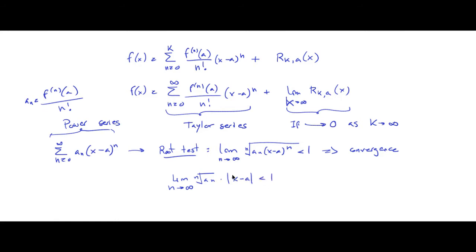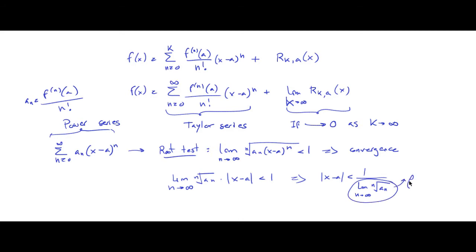Or in other words, you see that this will depend on the distance between our point x and a. The distance between x and the point where I'm approximating the function has to be smaller than 1 divided by the limit when n goes to infinity of the nth root of a_n. Okay. Now typically we call this rho.